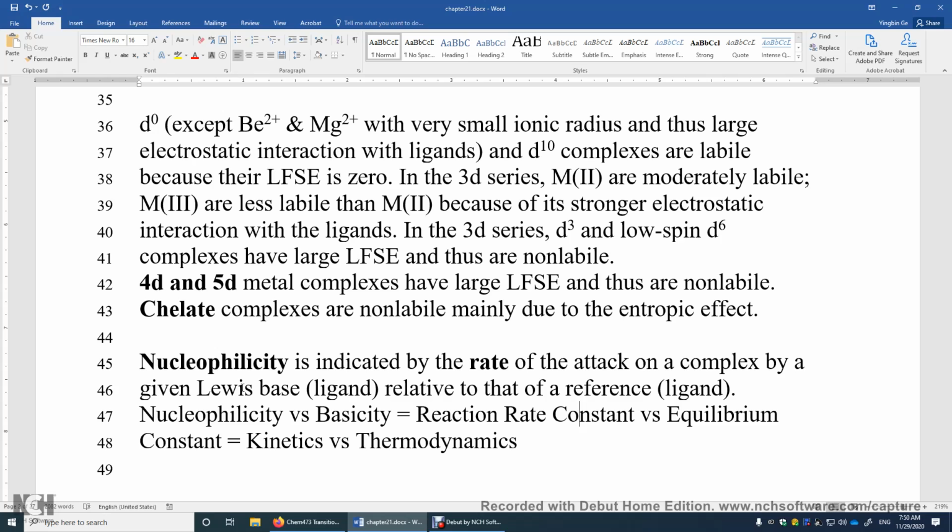The electron donor is the ligand. The electron acceptor is the transition metal. So that's why we call the transition metal center a Lewis acid. We call the ligands Lewis bases. And again, this nucleophilicity is just a measure of how fast a given ligand can swap out a previous ligand that's bonded to the transition metal.